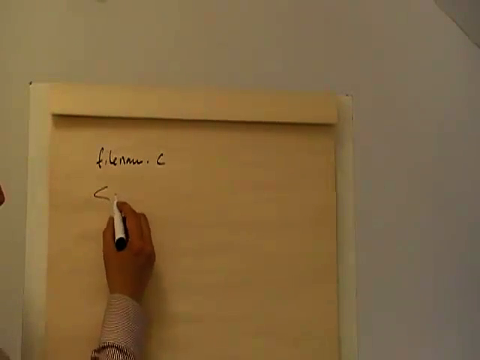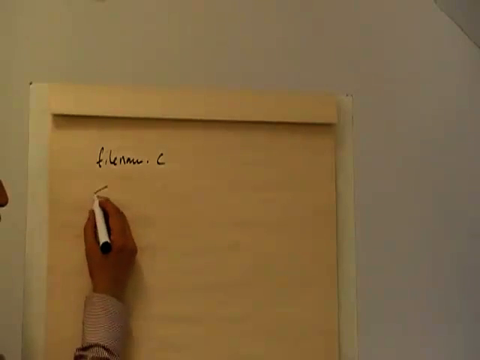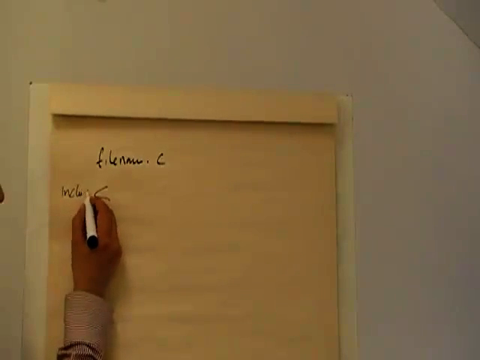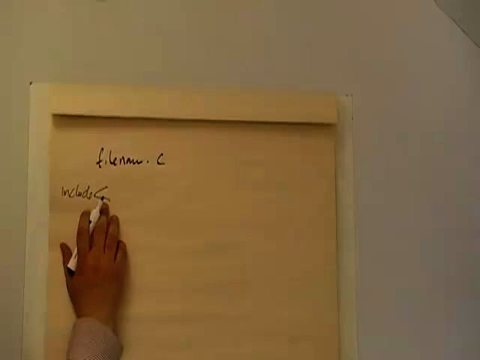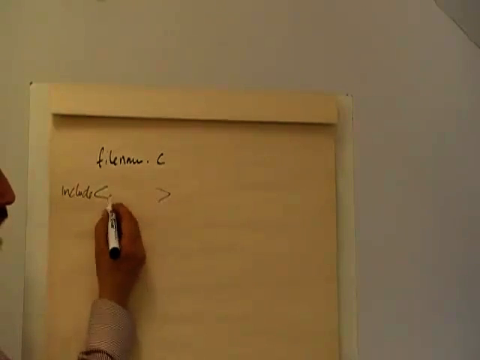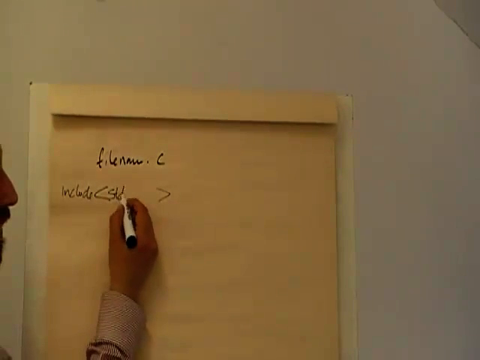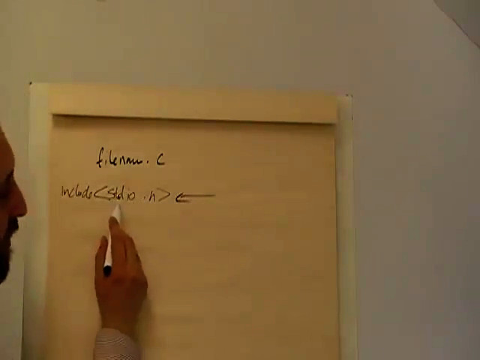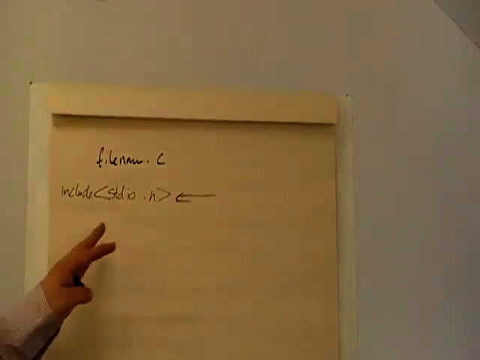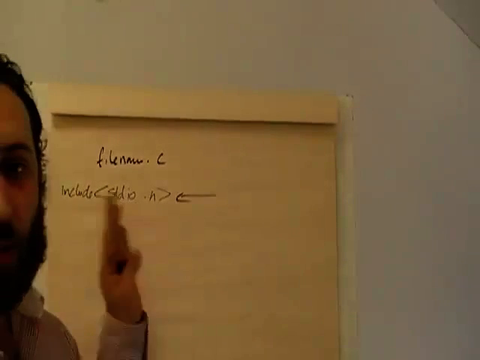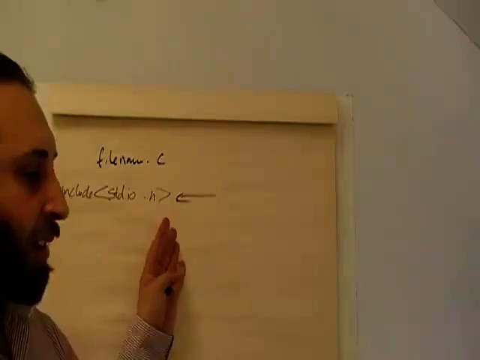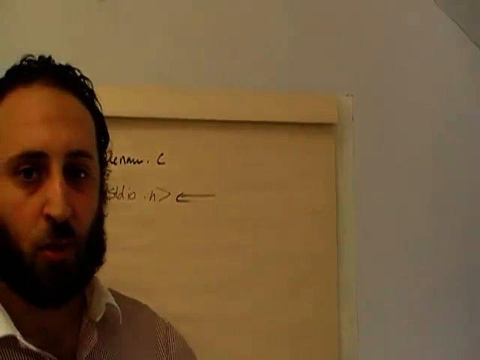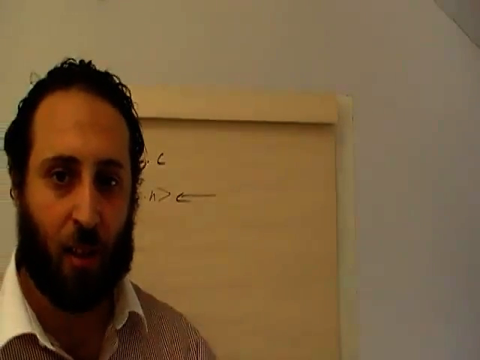To start the file, first of all, we start with something called include, and we open a less than sign and a greater than sign, and we put between them stdio.h. Stdio has already predefined functions that allow us to write to the screen and to take data from the keyboard.